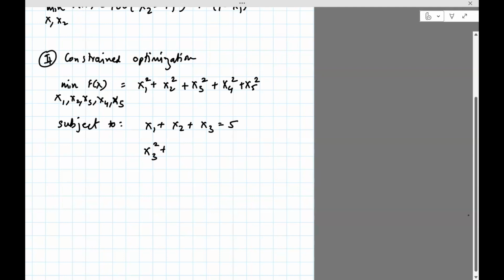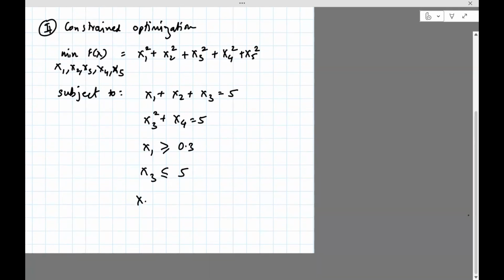Another constraint: x3 square plus x4 equals 5. x1 is greater than 0.3. x3 is less than or equal to 5. x4 square plus x5 square less than or equal to 5. So you see equals, greater than, less than, and so on.